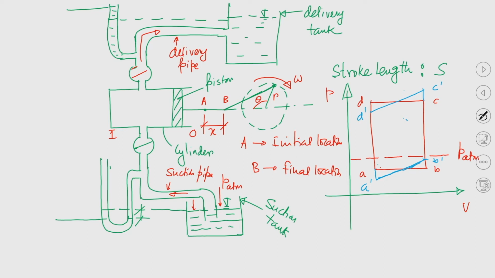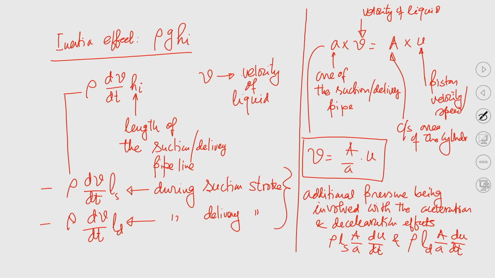The amount by which the pressure will drop or increase inside the cylinder depends on the magnitude of these two, which in turn essentially depends on the rotational speed of the crank, and on the cross sectional area of the cylinder.